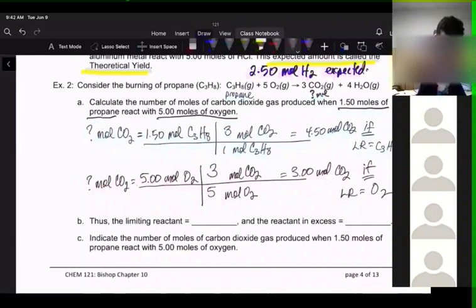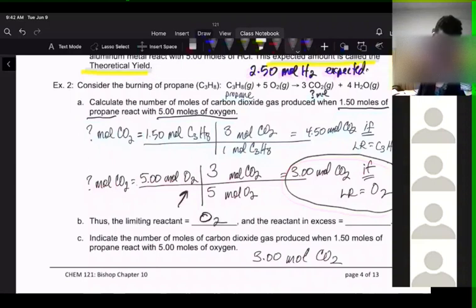Right, so we have two values, then we're going to pick the smaller one. That means we're going to produce that much from this reaction. So the limiting reactant is the oxygen. Make sure that you give a reactant. And the excess reactant is that propane.